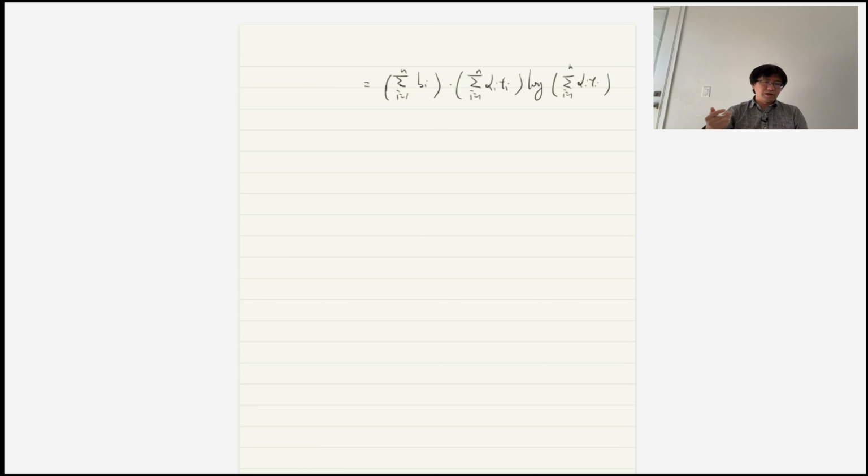Now let's plug in the value of alpha and the value of t_i and see what happens. Alpha is the probability, b_i over the sum over this guy. Normally we use a different letter here instead of i, but I think there's no confusion, so I just keep using it to make our life easier. t is a_i over b_i, and again the same thing for the log.